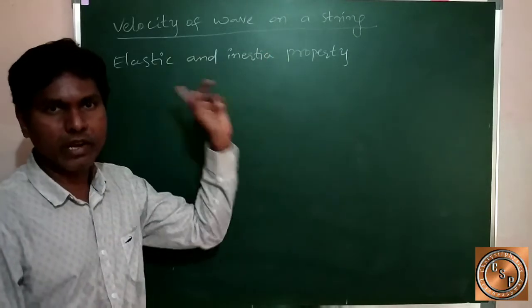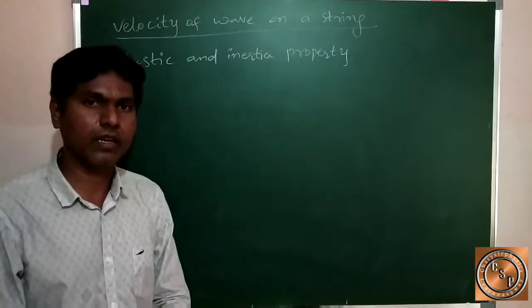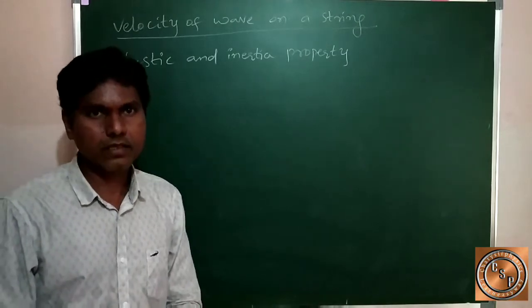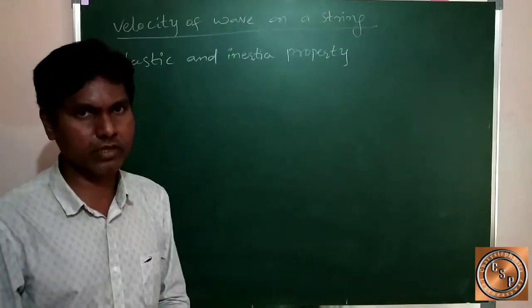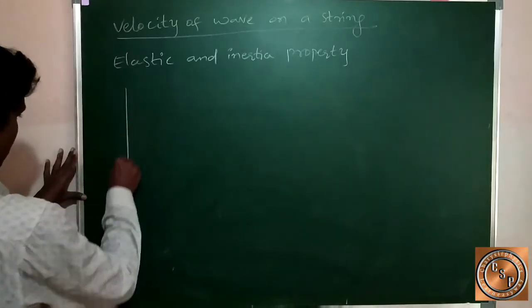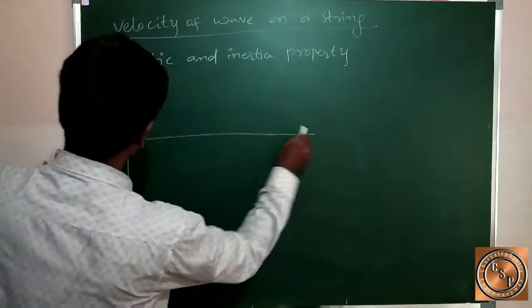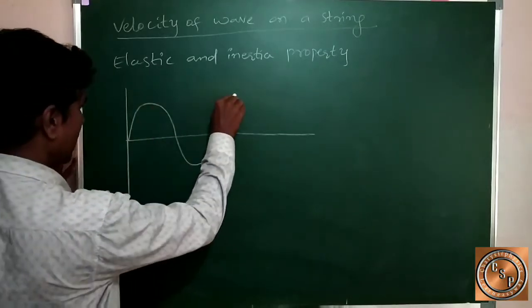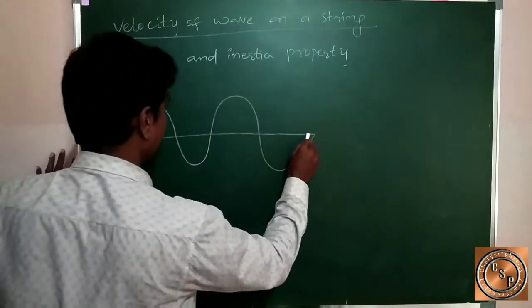So the elastic nature of the string is measured by the tension T, and the inertia by its mass per unit length. When the string is vibrating, the wave is traveling along the x direction.